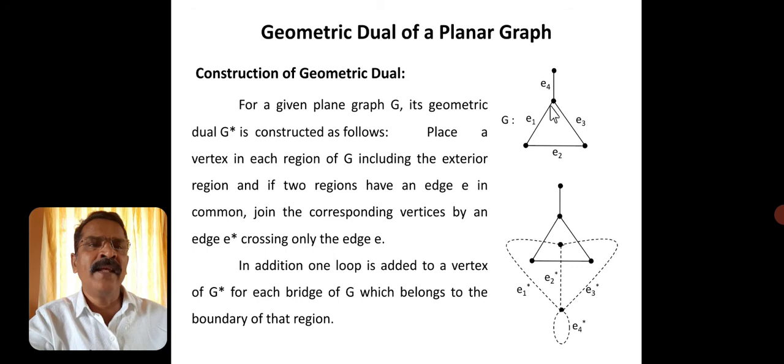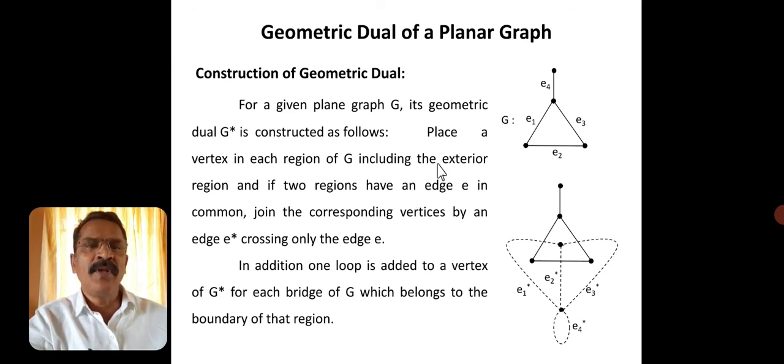If there is another bridge like this, you have to join one more loop here. But right now only one bridge is there, which belongs to the exterior region, obviously. So the vertex corresponding to the exterior region is joined with a loop for this bridge.